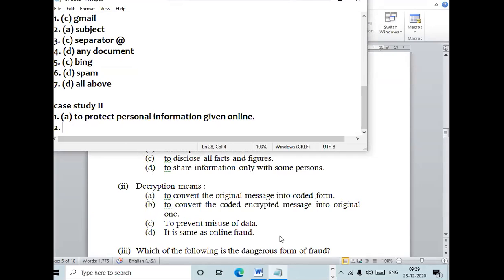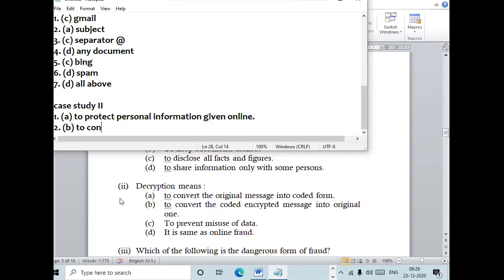But when the data safely reaches the destination, the coded message is again converted to the original message. That is called decryption. The reverse of encryption is decryption. So let us read the options. To convert the original message into coded form, this is encryption. To convert the coded encrypted message into original one. So the correct option is B.